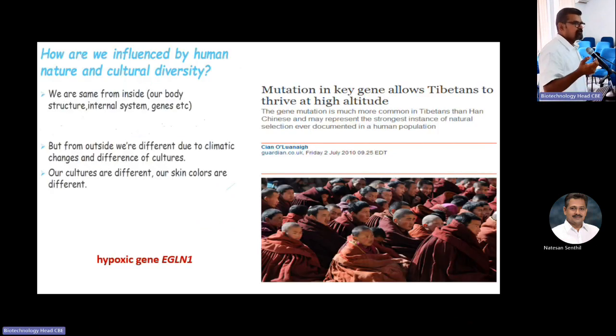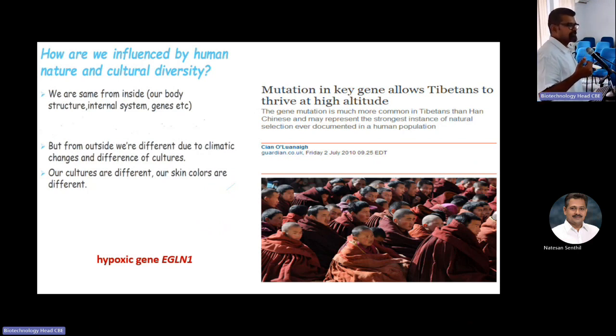So again, how we are influenced by human nature and cultural diversity. Here is one classical example of the Tibetan population. There was a publication on this: a mutation in a key gene allows Tibetans to thrive at high altitudes. The EGLN1 gene is a hypoxic gene involved in the respiratory process.